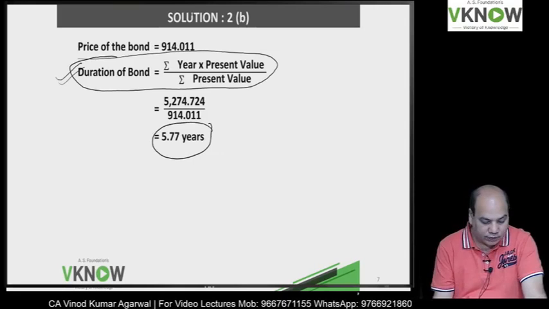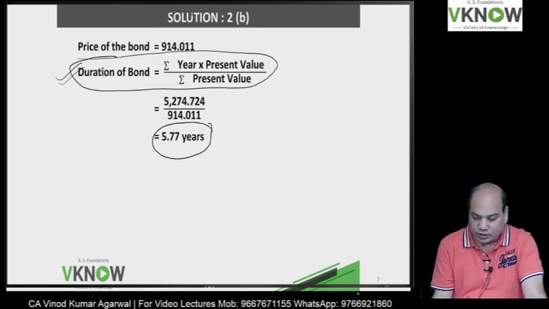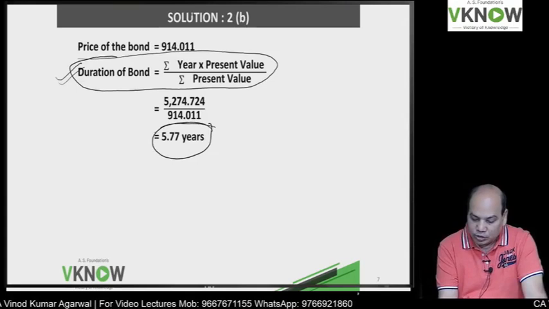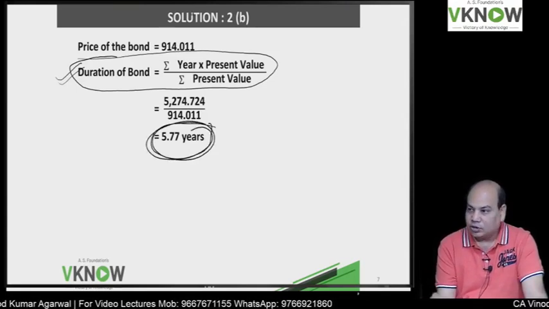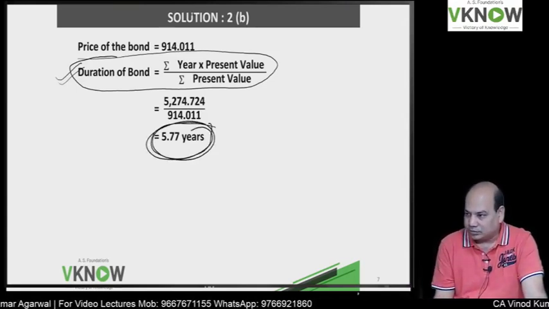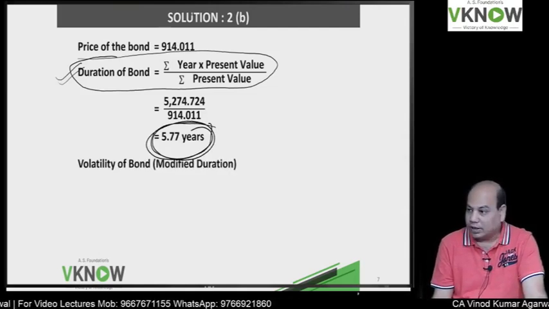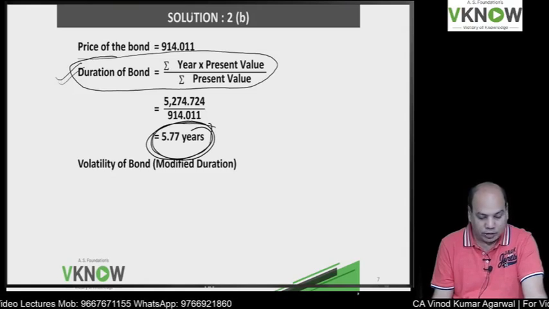One student, Rishabh, has got 5.76. That is also okay. So what is the meaning of duration? It is the average time required to recover the investment. From the duration we get what is called modified duration or volatility of the bond.